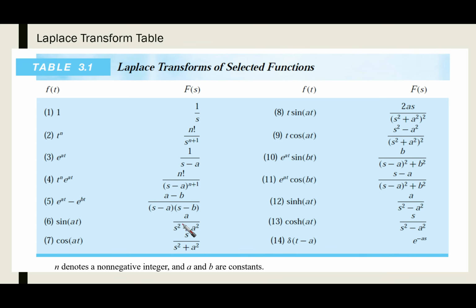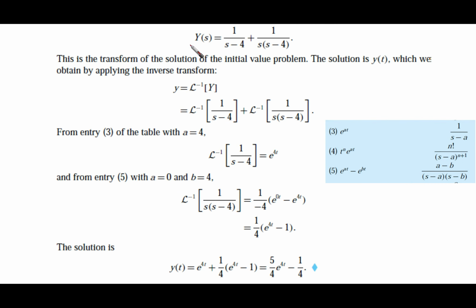Now let's go. And remember, this is our Laplace transform table. We are going to revisit it again. So this is our equation. This is the transform of the solution of the initial value problem. The solution is y of t. Remember, this is our solution, which we obtain by applying the inverse transform.